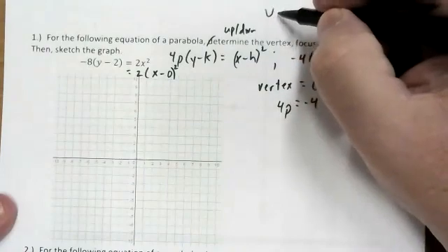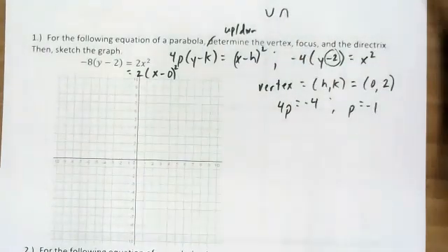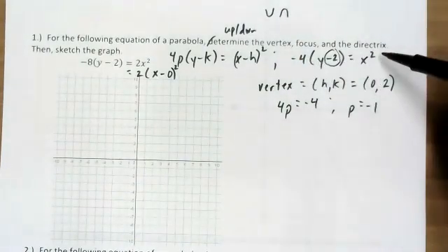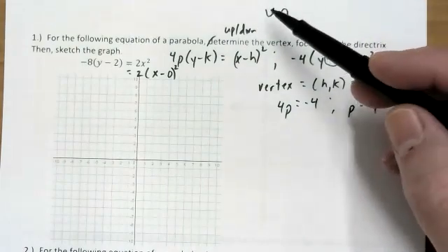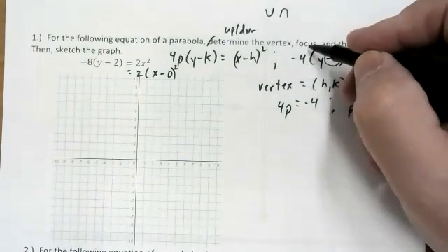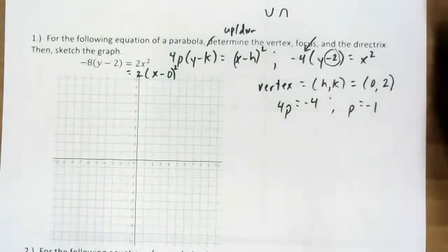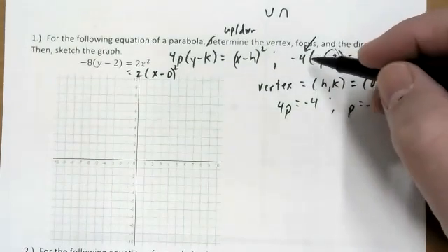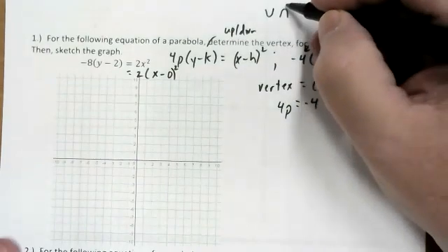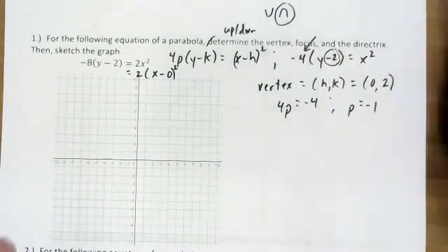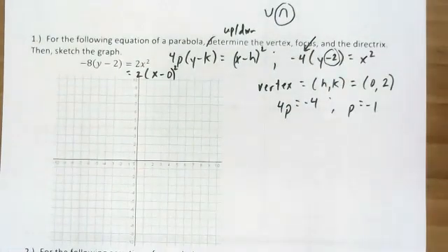An up parabola or a down parabola. Now, once I get in standard form, I actually can determine whether I have an up or a down. And the whole key is the coefficient in front of this parenthesis. If it's a negative number, it turns out it is what we call a down parabola.